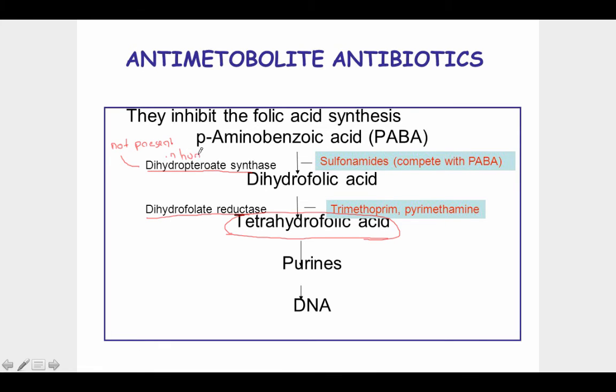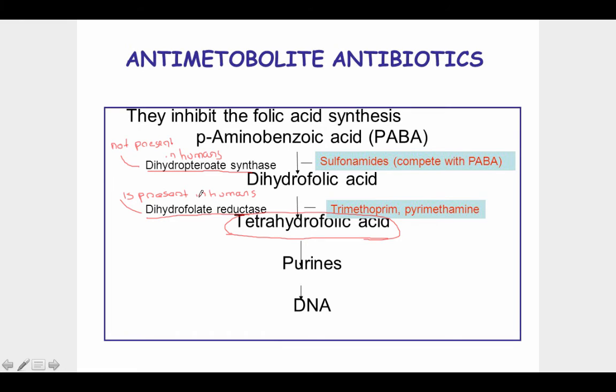It's only present in bacteria. So if you inhibit this enzyme, it's not going to cause any effects on the human production of folate. However, dihydrofolate reductase is present in humans. So inhibition of this enzyme is going to cause inhibition of folic acid synthesis in us.